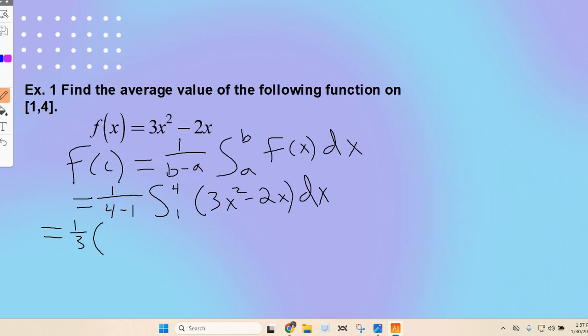So what is the antiderivative of 3x squared? X cubed. Because I would add 1 and then divide by 3, but I already have a 3, so it's 1. What's the antiderivative of negative 2x? Negative x squared. And we are evaluating from 1 to 4.